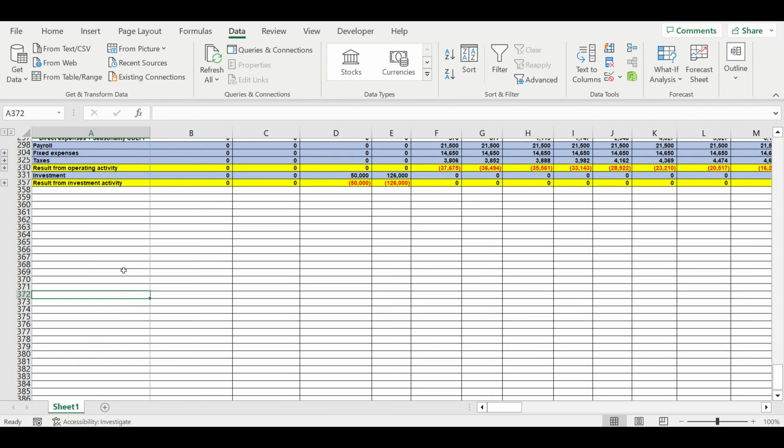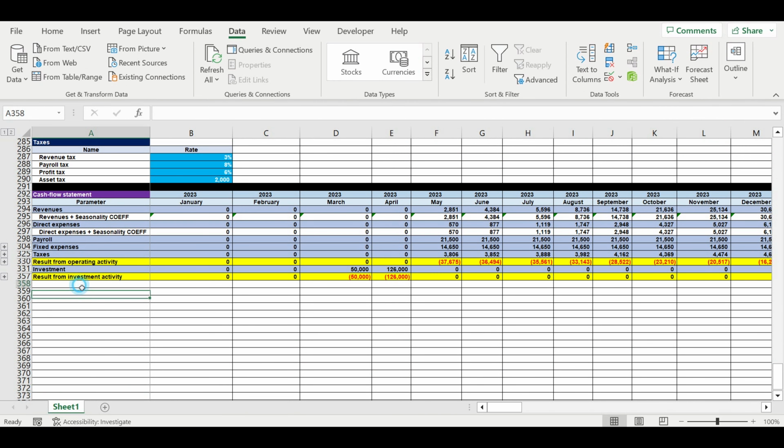Then we are moving to the last part of the cash flow statement. This will be financing activity of our business idea. So here we will put, for example, money that we put inside the project. Let's call it equity.